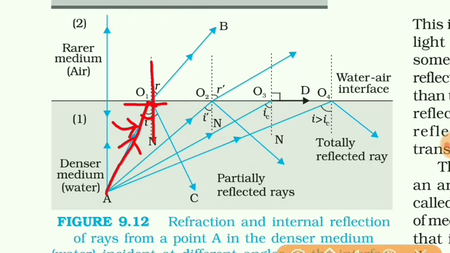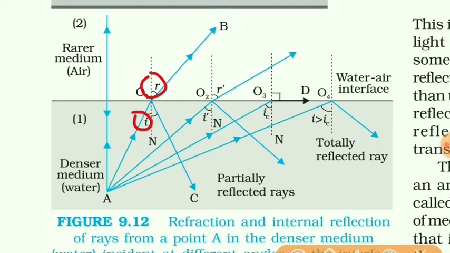And we know that when a ray travels from a denser medium to a rarer medium, when it emerges out, it is deviated by the angle of refraction denoted by small r. And this angle will be larger than the angle of incidence I. Angle r will be greater than angle I, because it goes from denser medium to rarer medium.